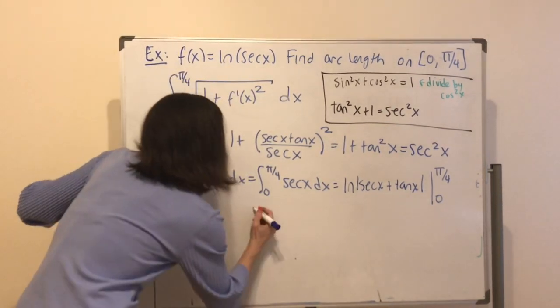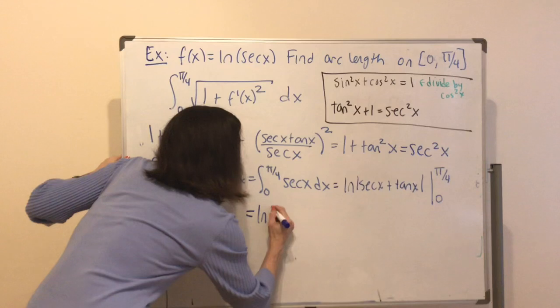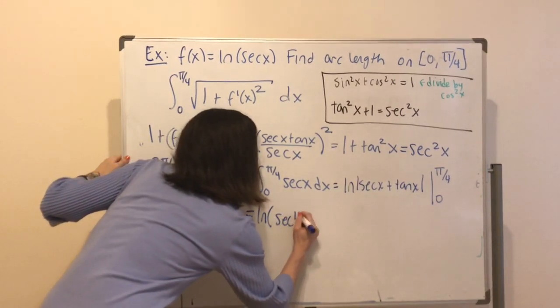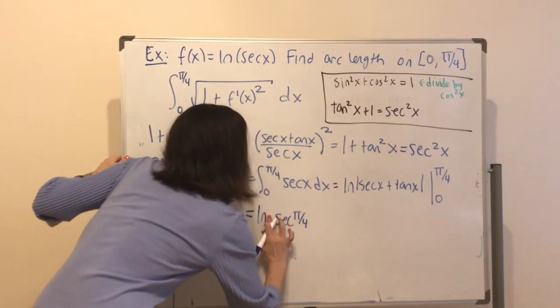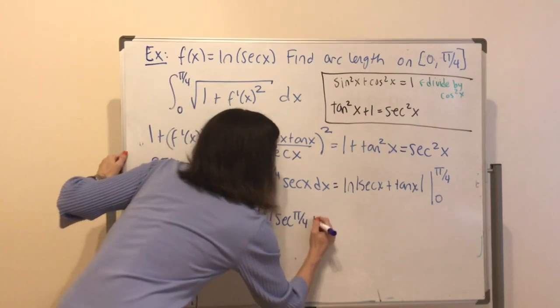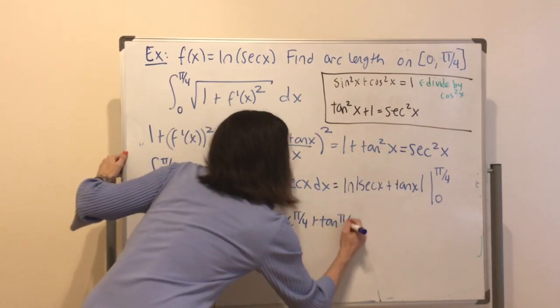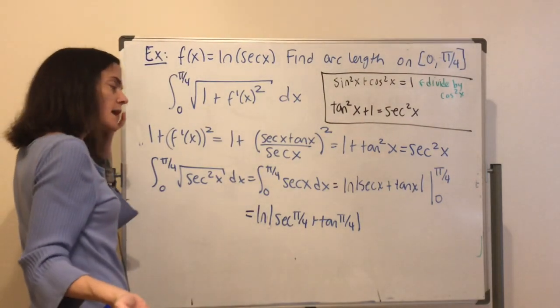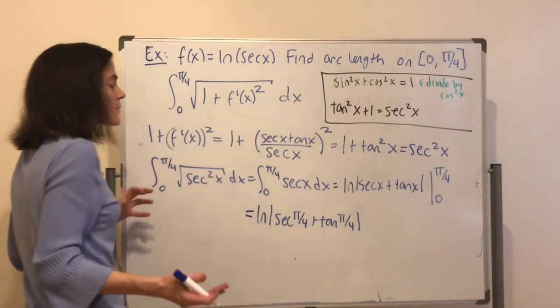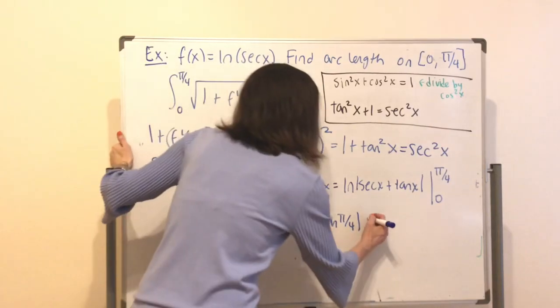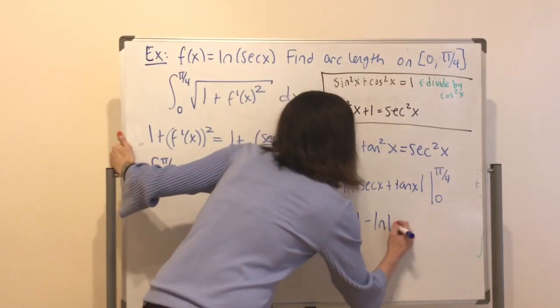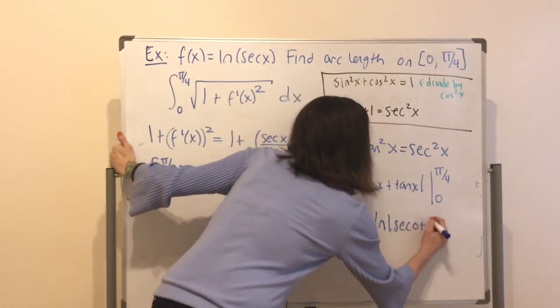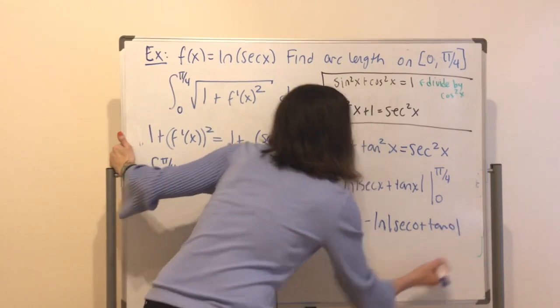So then we have ln of the secant of pi over 4 plus the tangent of pi over 4. I could have taken off my absolute values, since secant and tangent are both positive at pi over 4, but it's fine like this. Minus ln of the secant of 0 plus tangent of 0.